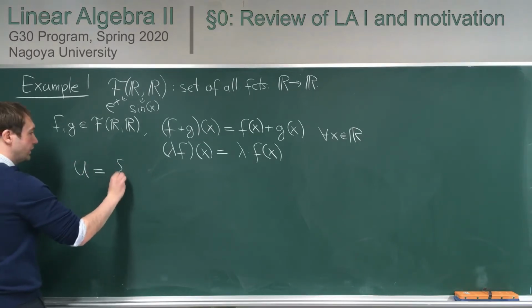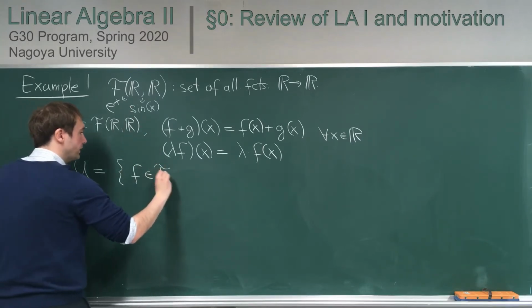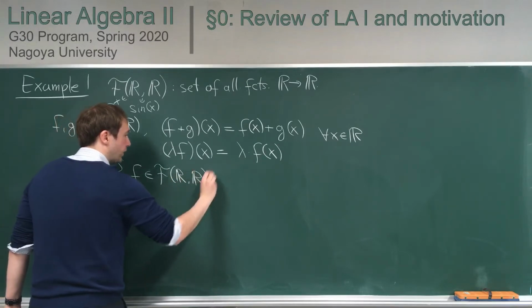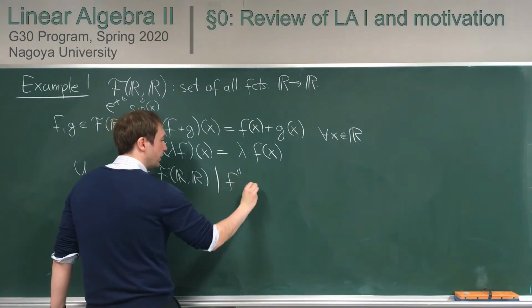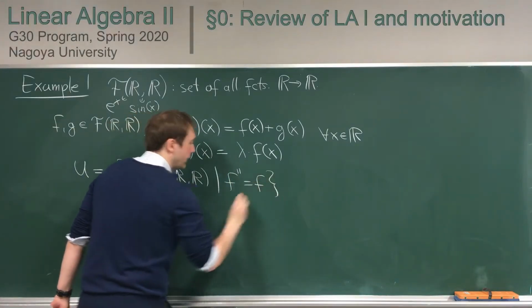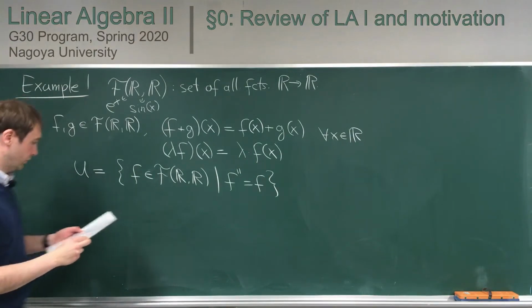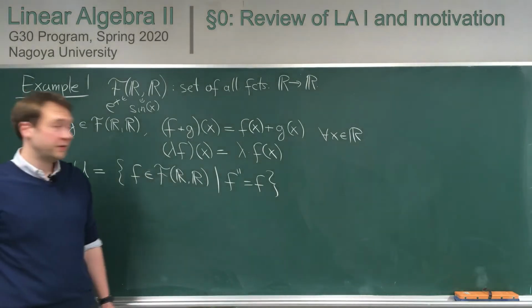And U is now all functions in this really big set which have the property that the second derivative equals the function itself. So what would be an example of a function in this space?